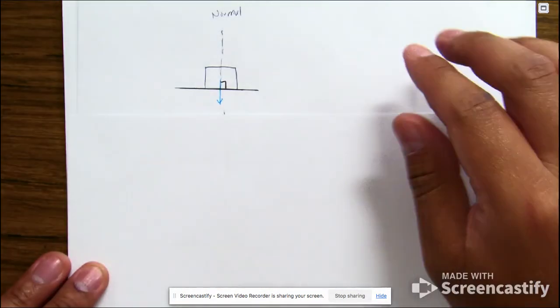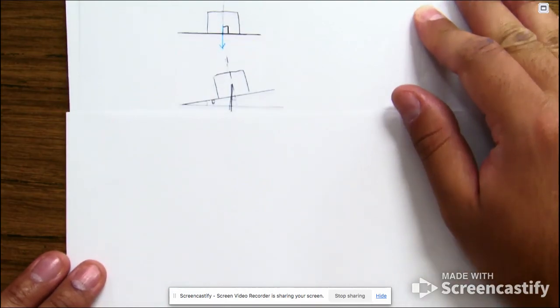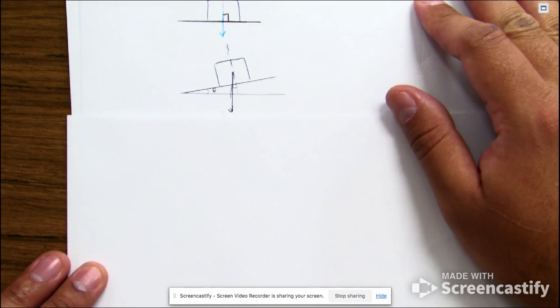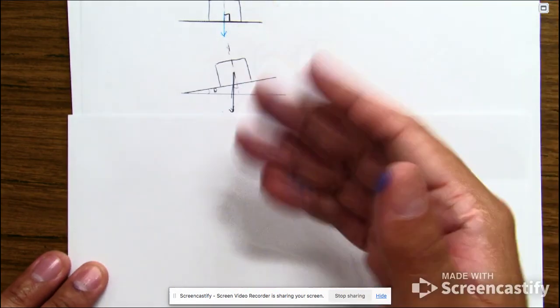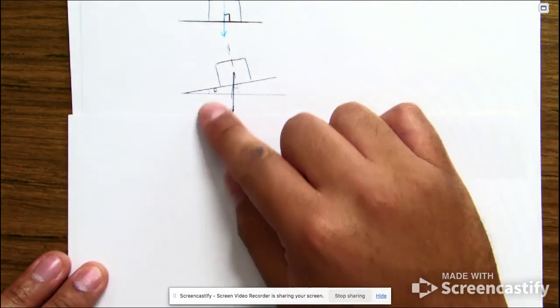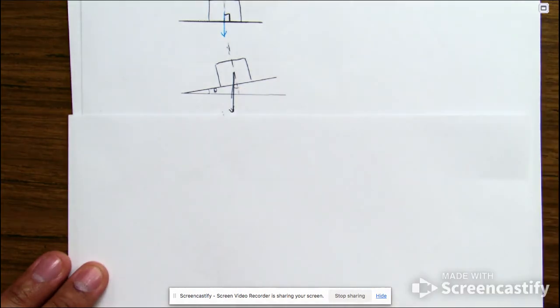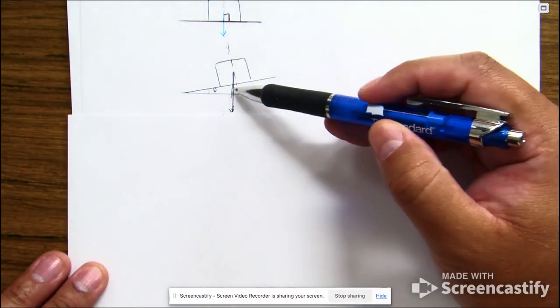Okay, so what we're going to do is start inclining this, and we're going to see what happens to the weight and the normal. If I put it on an incline here, you'll notice that the weight will still pull it towards the center of the earth, but the normal is actually going to be at this angle, and there's the angle of the incline. You'll notice that this angle here is going to start growing.